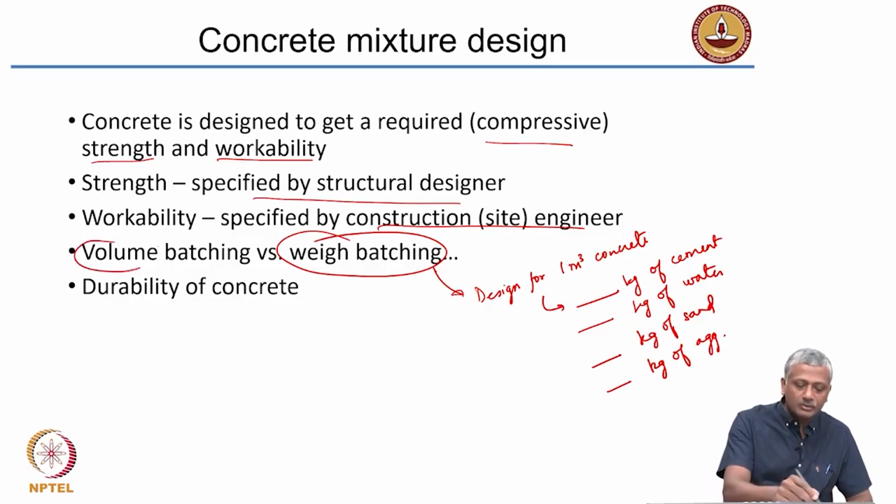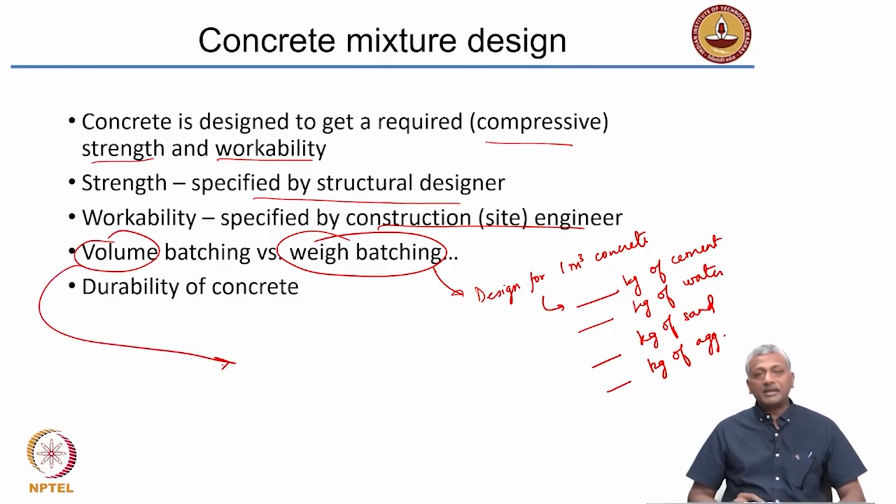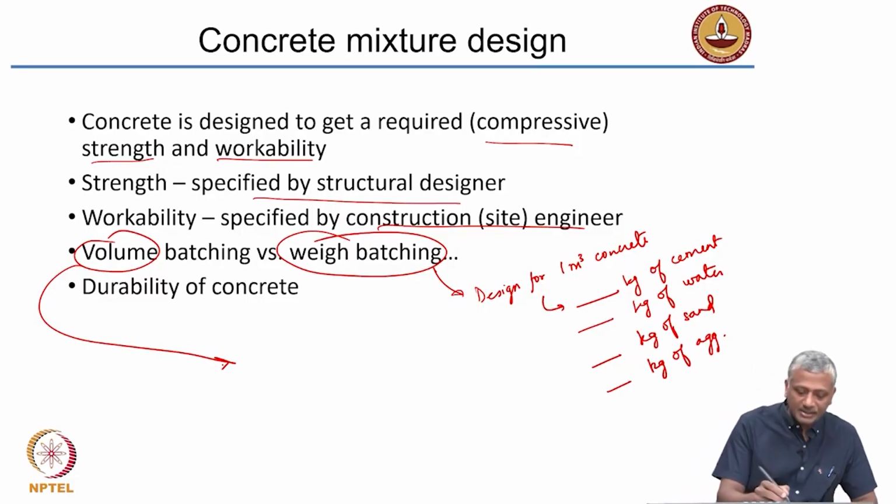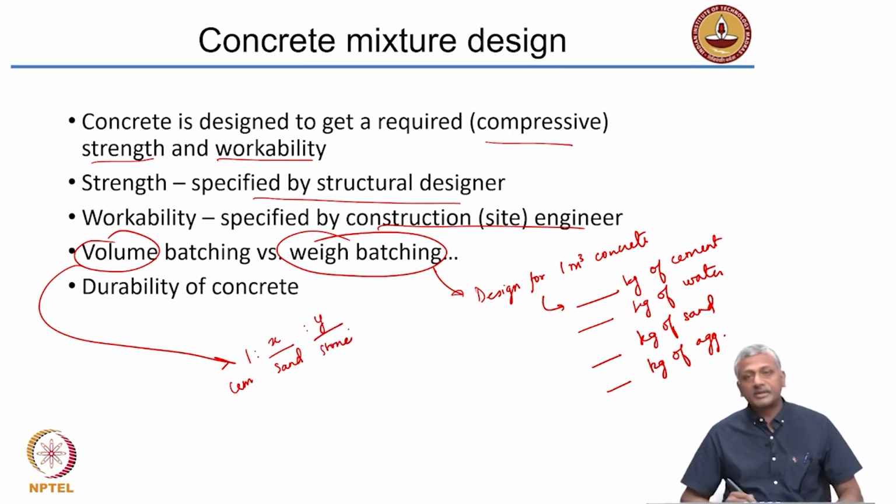Now, volume batching is what you see being practiced in many residential sites. So, what they do is they have a measuring bucket or a measuring cuboid in which they actually measure the quantities by volume. So, they generally say 1 part of cement to some x parts of sand to some y parts of stone. So, when the mix design is presented in terms of 1 is to x is to y, typically we mean it by volume.